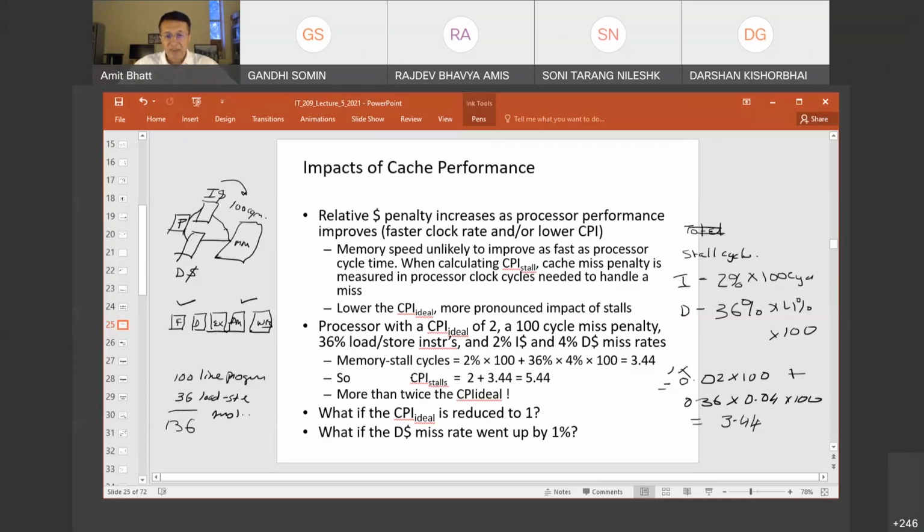So disregard this. Now I have calculated my stall cycles of 3.44, right? This is when a stall occurs. If there is no stall, how much time would it take?